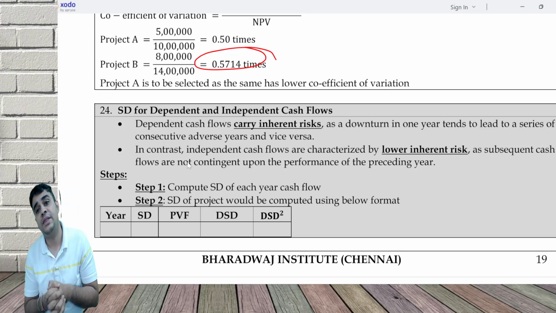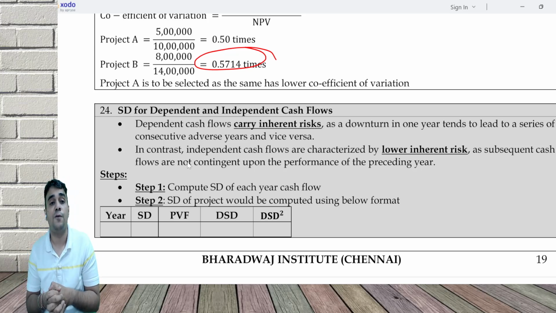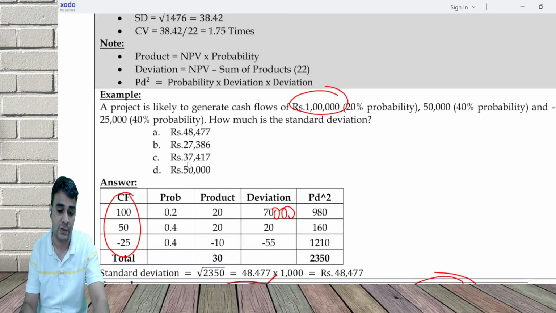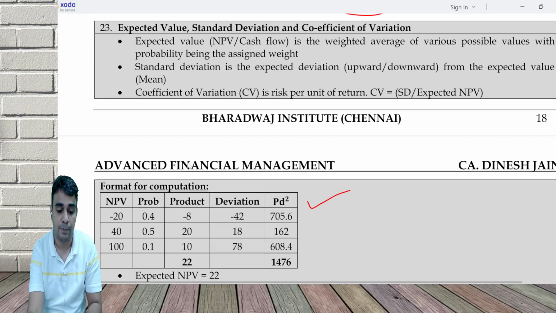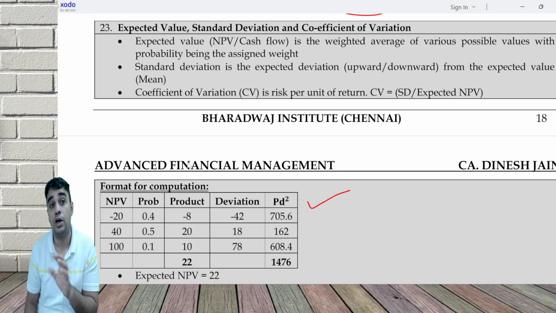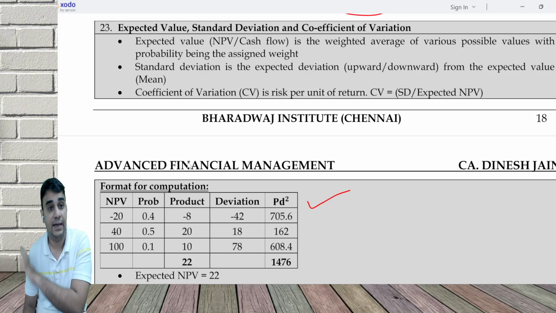Now, in these types of questions, we cannot follow the earlier approach. What is the earlier approach? Calculating NPV, probability, product, deviation and PD square. That approach will not work if the question says dependent and independent.